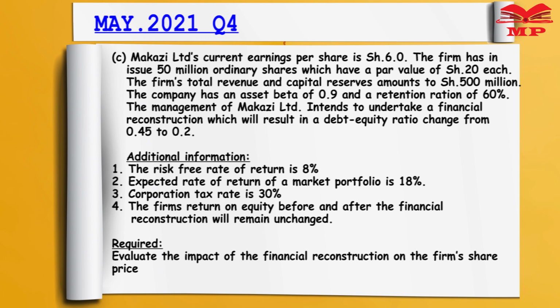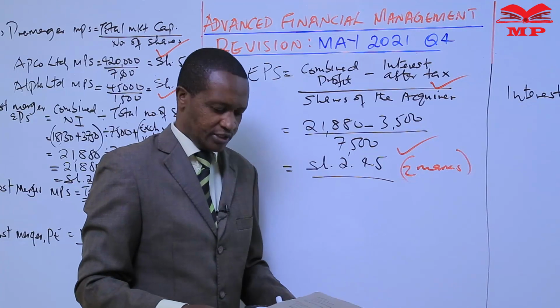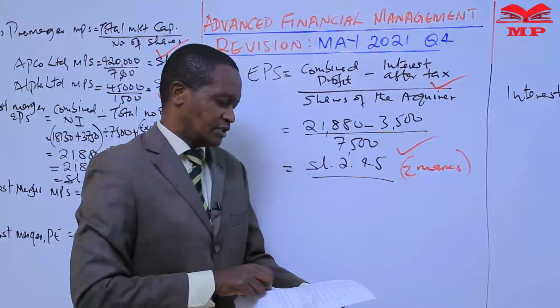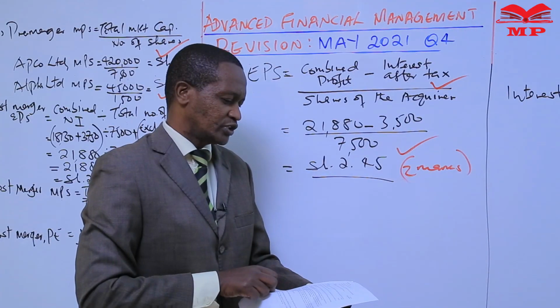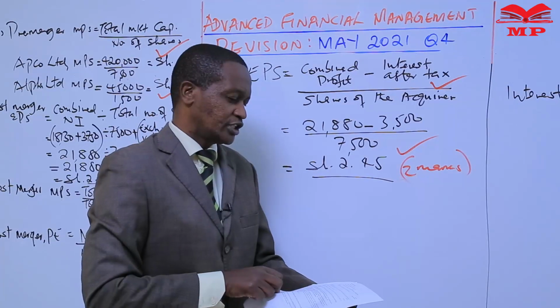Required: evaluate the impact of the financial reconstruction on the firm's share price, 8 marks. So candidates, how do we evaluate the impact of the financial reconstruction on the firm's share price?